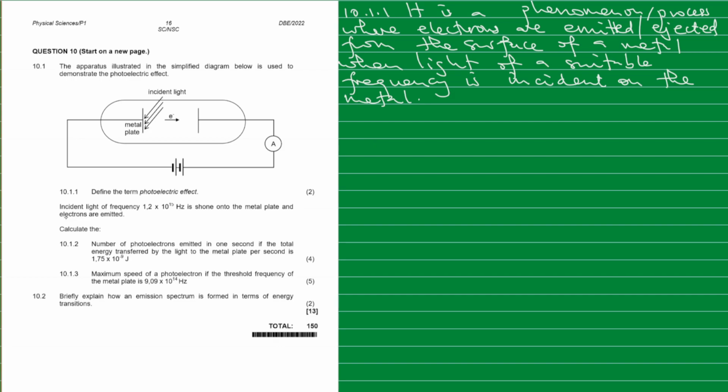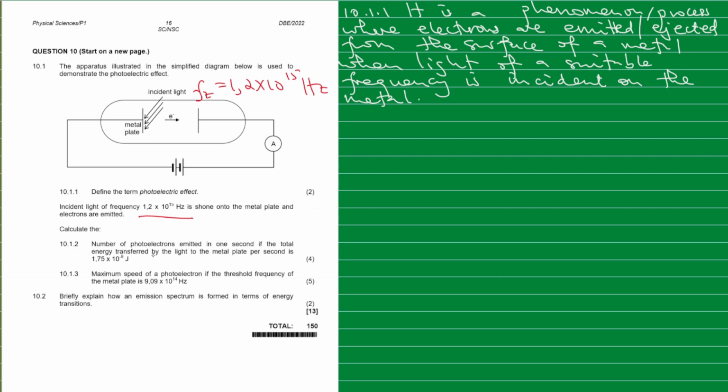And then coming to the question, incident light of frequency, given here as 1.2 times 10 to the power 15 hertz, is shone onto the metal plate, and electrons are emitted.